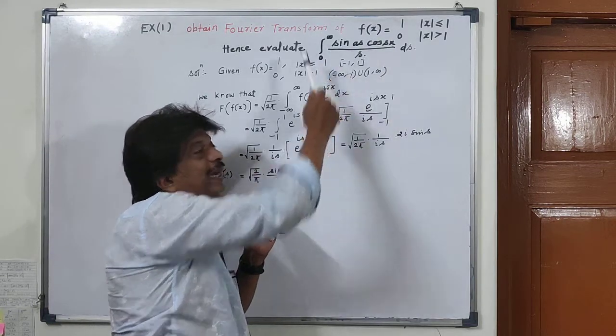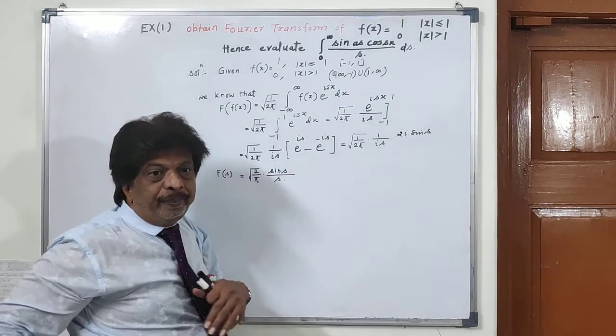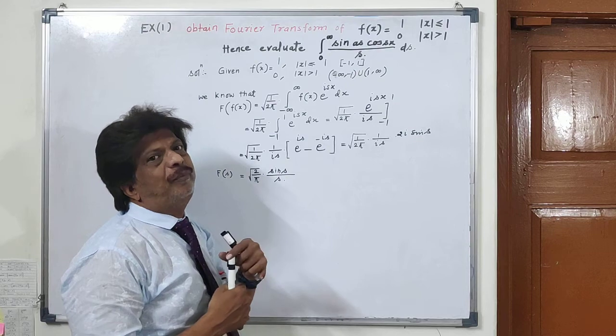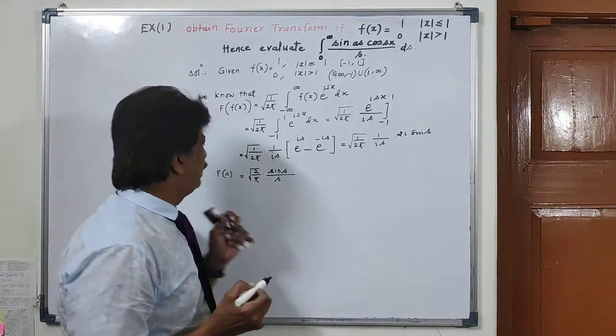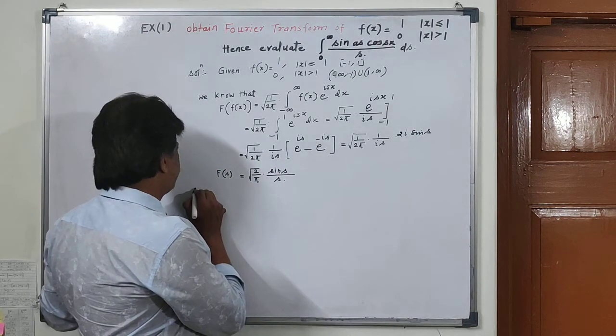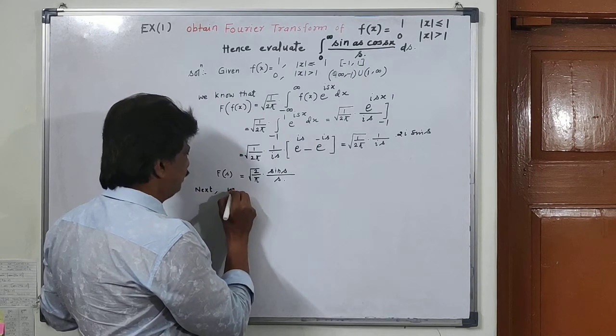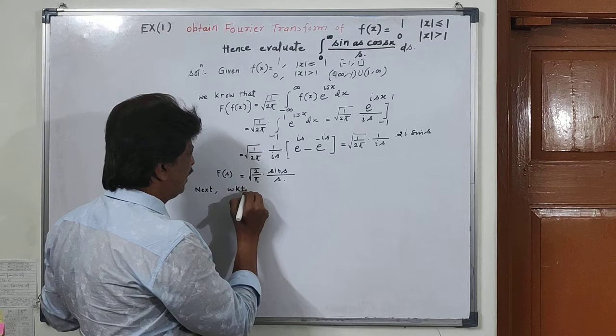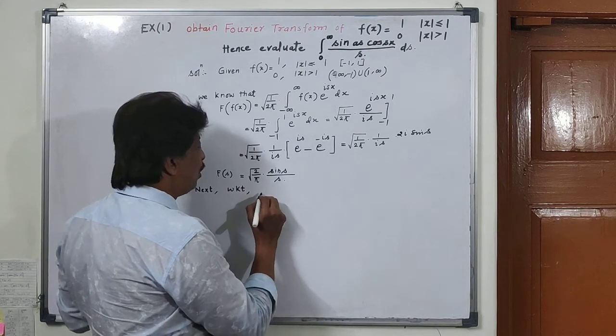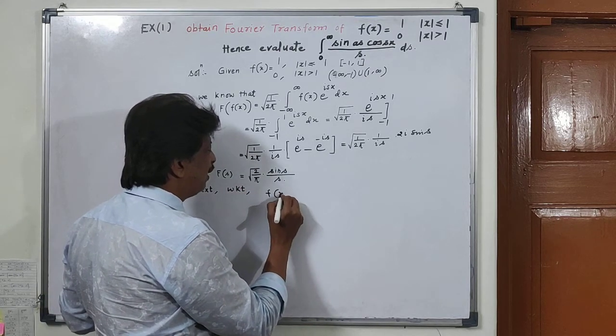इसलिए ये कैलकुलेट करने के लिए हमको इनवर्स फोरियर ट्रांसफॉर्म का फॉर्मूला लगाना पड़ेगा. We know that. Next, we know that from the inverse Fourier transform, we get f of x.